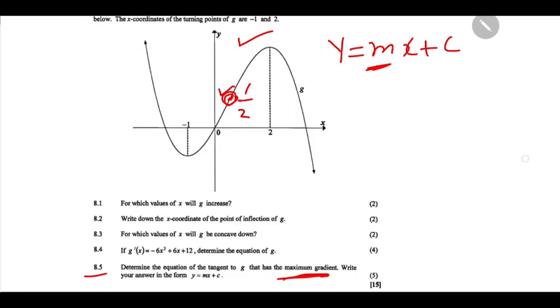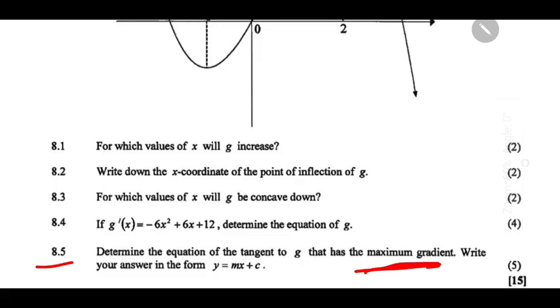Now this 1/2 I'm going to put back into the first derivative to get m, the gradient, because I need it on this tangent line. So the x value 1/2 I substitute into the first derivative to get the gradient. This is the already given first derivative, g'(x) = -6x² + 6x + 12, which we already proved.